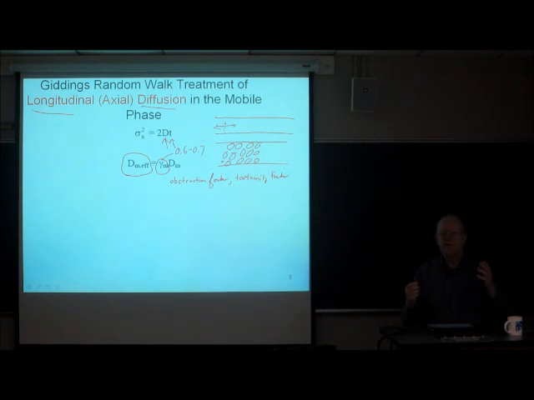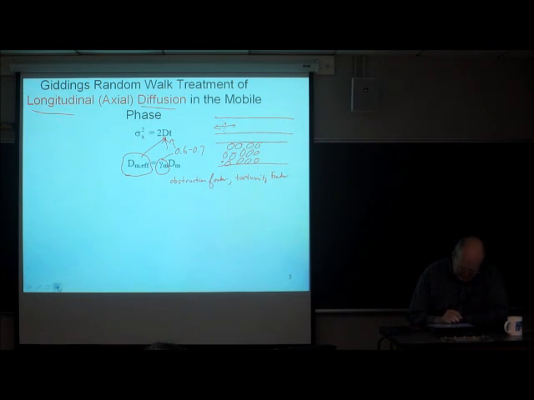So now we have our first number. We're going to stick that in there for the diffusion coefficient in the mobile phase. D sub m is the diffusion coefficient of the molecule in exactly the same liquid that you have for your mobile phase, but there's no particles around to mess up its diffusion coefficient. The other thing we have to come up with is an estimate of t, the amount of time that the molecule's undergoing diffusion.